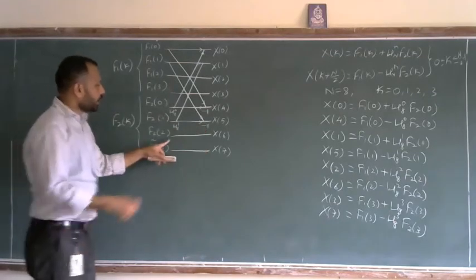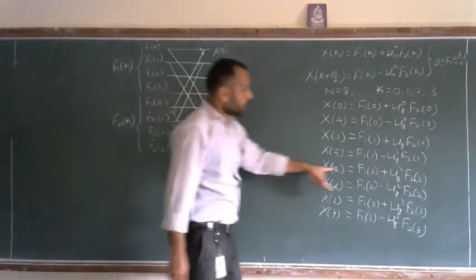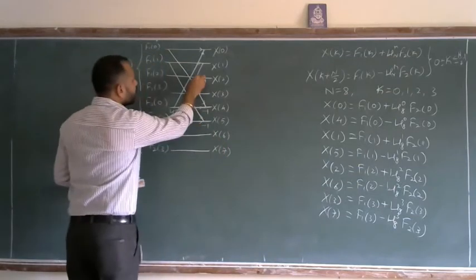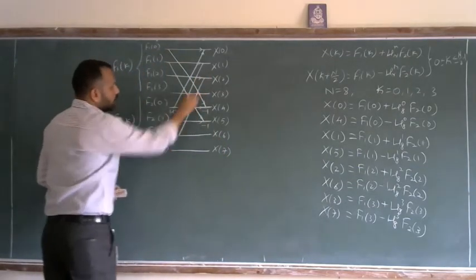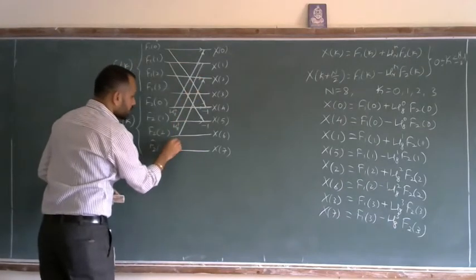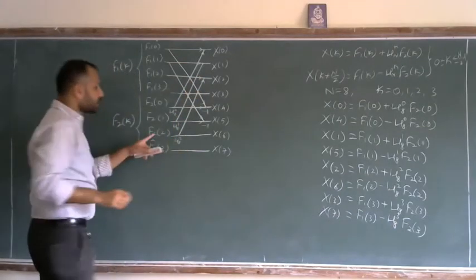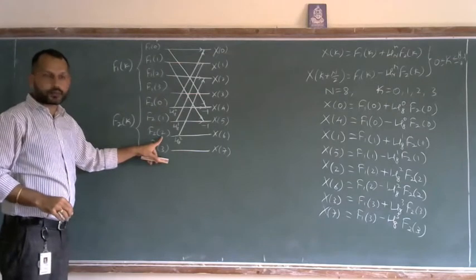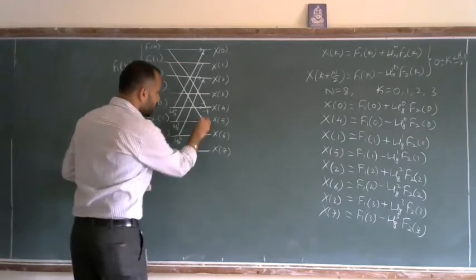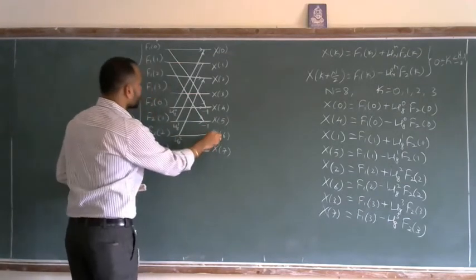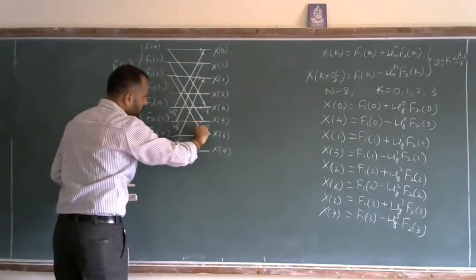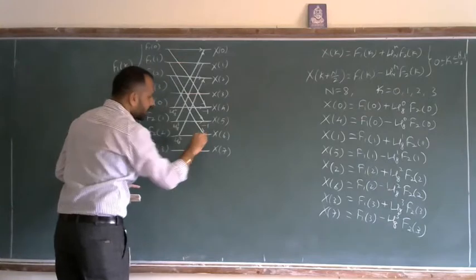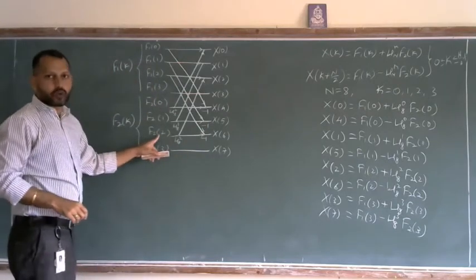Likewise, X of 2 will be f1 of 2 plus w8 2 multiplied by f2 of 2. And the same two points will give us X of 6. X of 6 will be f1 of 2 minus w8 2 f2 of 2.